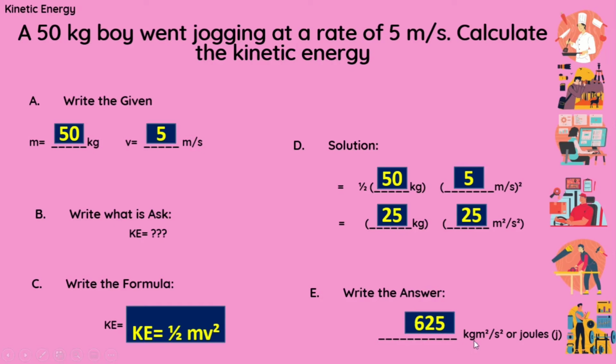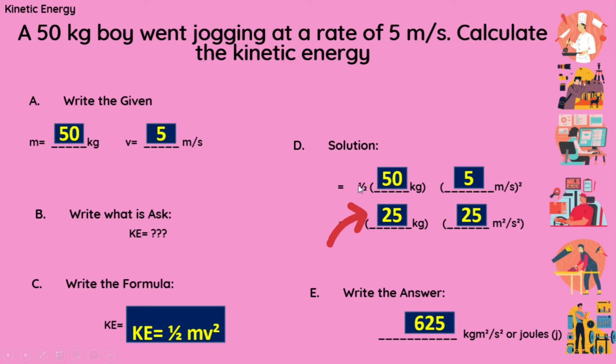Our unit is kilogram meter squared per second squared or joules. So again, write the given, write what is asked, write the formula, the solution, and your answer. Paano nakuha yung 25? 1/2 of 50.